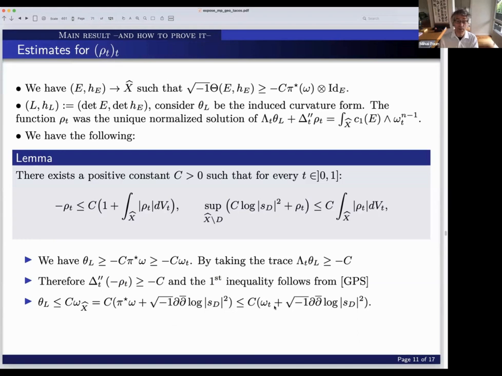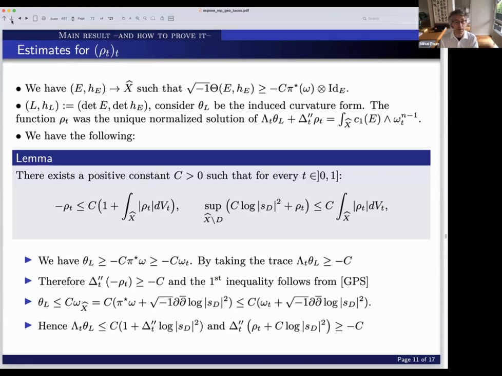So we get that, right? A constant times omega t plus the Hessian of the log of the norm of s squared. So then when we take the trace with this, we contract this theta L with respect to omega t. What we get is simply that here we replace this with a constant plus the Laplacian of the log of |s|^2.